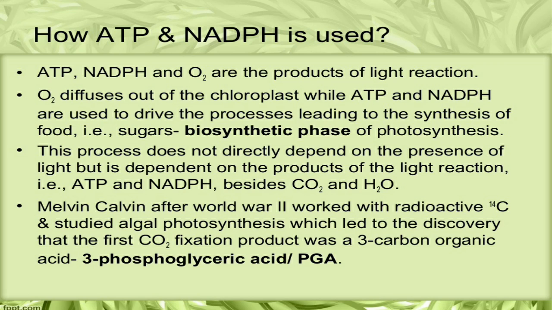Melvin Calvin after World War II worked with radioactive C14 and studied algal photosynthesis, which led to the discovery that the first carbon dioxide fixation product was a 3-carbon organic acid, that is phosphoglyceric acid, that is PGA.